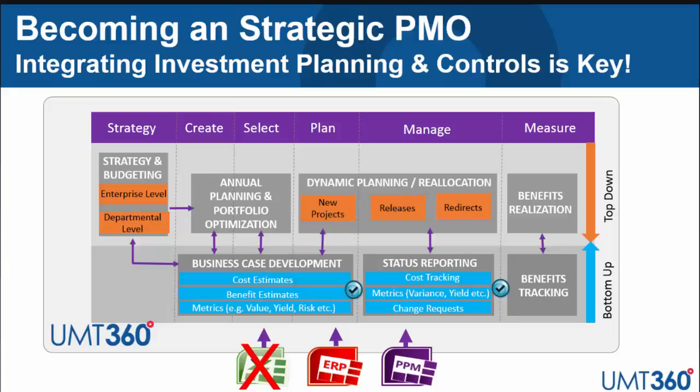It starts with integrating both top-down and bottom-up budgeting. So being able to record enterprise budget, departmental budgets, look at setting strategic imperatives, and then gathering all the bottom-up project requests from across the organization. A part of that business development process is consolidating financial information as well as standardizing the different evaluation metrics that you're going to use, which feeds the annual planning process.